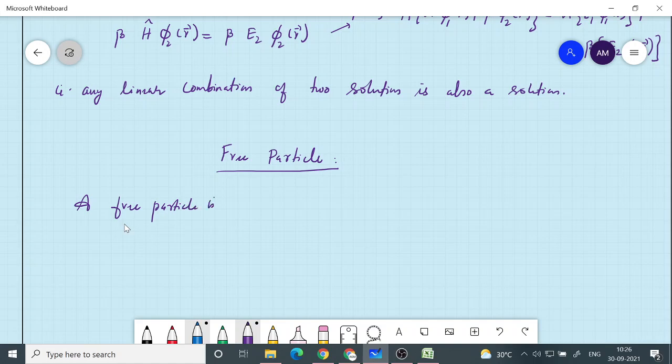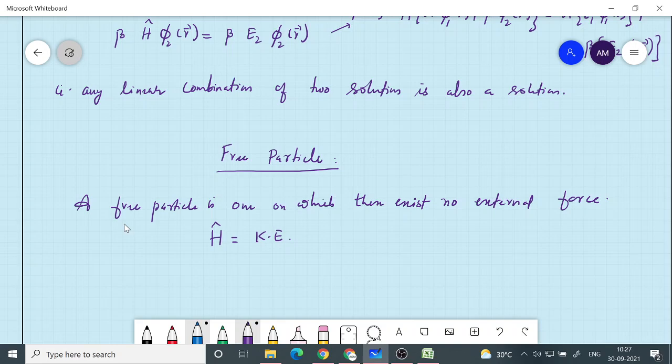So a free particle is one on which there exists no external force. It's free. No external force is acting on it, which means what? My Hamiltonian is fully the kinetic energy, because with no external force there is no potential energy part.